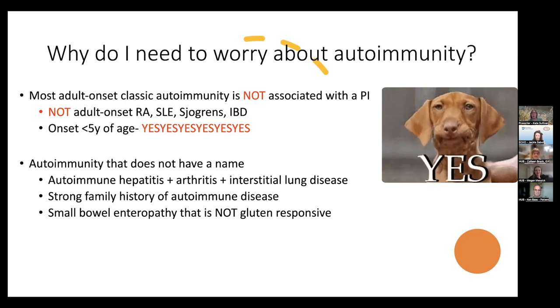Small bowel enteropathy actually has a very strong predictive value all on its own with no other autoimmunity for a primary immune deficiency. So this is a little bit of a mixed bag. I get it. It's a little harder to assemble into a concept, but it is all peculiar autoimmunity, either by virtue of age or organ system involvement or failure to respond to a typical therapy.